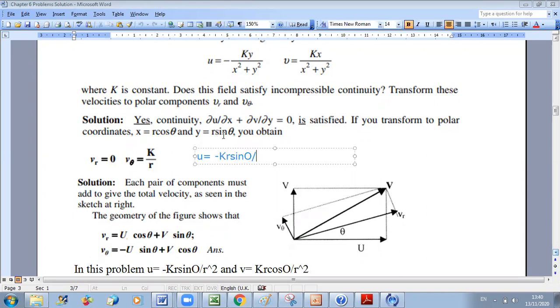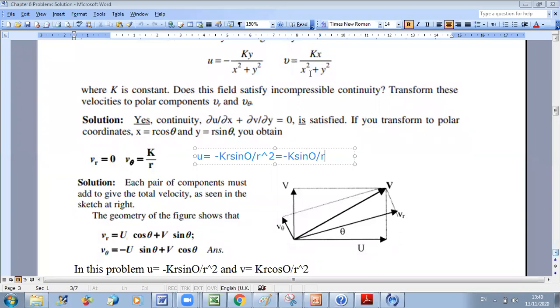So it is r squared. And it's expected because what is r? r represents the magnitude of the position vector of P. So when you do x squared plus y squared, you will obtain r squared. So this is equal to minus k sine theta over r.